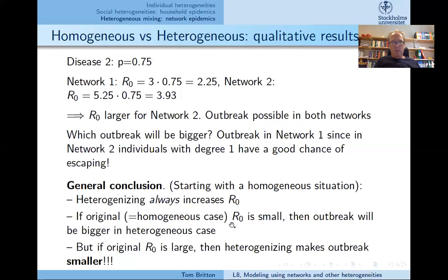If the original R0 was small, then an outbreak will become bigger if you heterogenize. However, if the original R0 is large, then heterogenizing may very well make the outbreak smaller. So by making things more heterogeneous, you always increase R0, but you don't always increase the outbreak size.